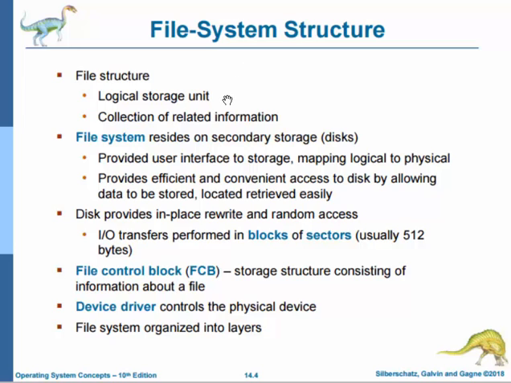So, disks basically provide most of the secondary storage on which file systems are maintained, and there are two characteristics that make them convenient for their purpose. The first is that a disk can be written or rewritten in place. Basically, it's possible to read a block from the disk, modify the block, and write it back into the same block.